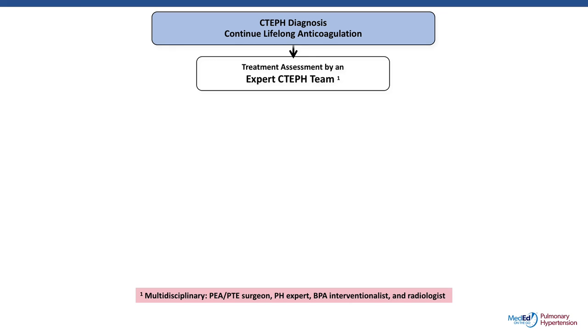I think one of the highlights is that a CTEPH diagnosis requires a treatment assessment by an expert team, which is a multidisciplinary team. It's important to have the PEA surgeon involved, a PH expert involved, be it a cardiologist or pulmonologist, a BPA interventionalist involved, again, be it a cardiologist or maybe an interventional radiologist.